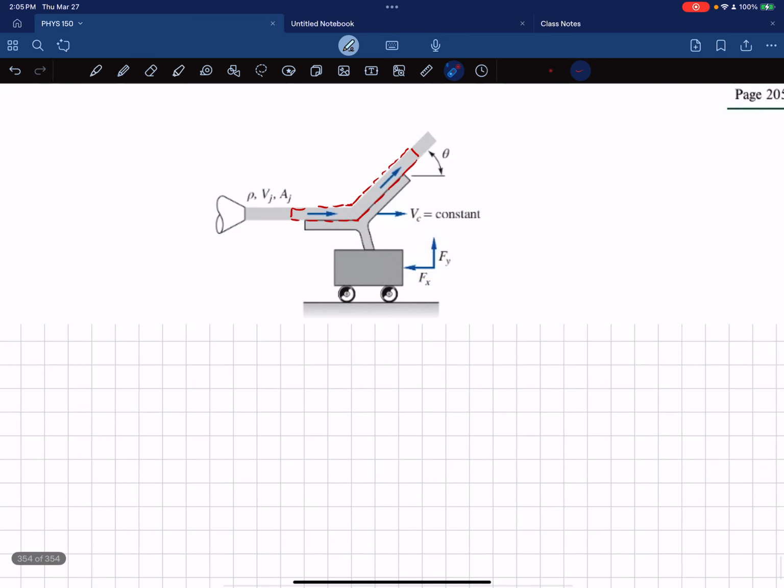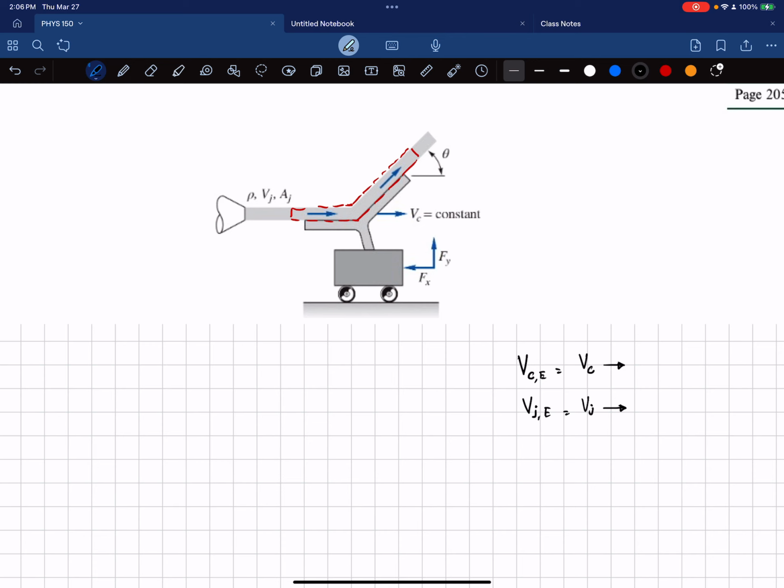So that means the velocity of the cart with respect to Earth is Vc in this direction, and the velocity of the incoming flow, or the jet, with respect to the Earth is Vj in the horizontal right-hand direction.